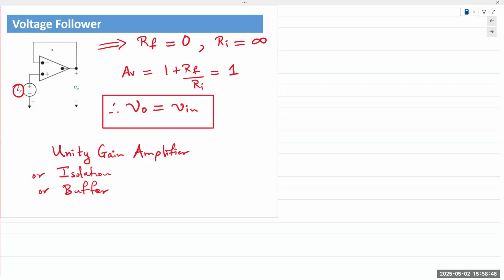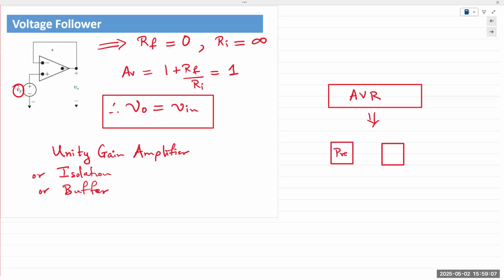As a real life example, let's take an audio amplifier, like an AVR, audio video receiver, that you find in any home theater system. This AVR consists of a preamplifier, and you have an amplifier. The output of the amplifier goes to a speaker.